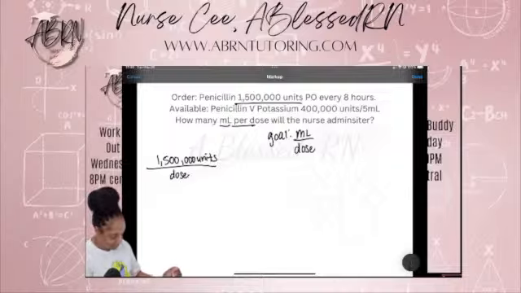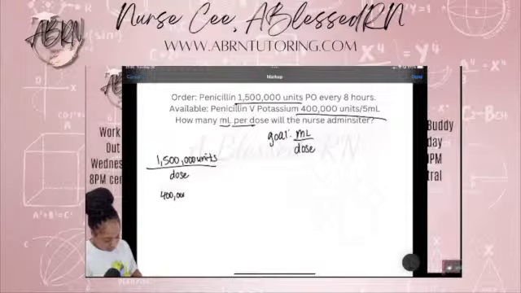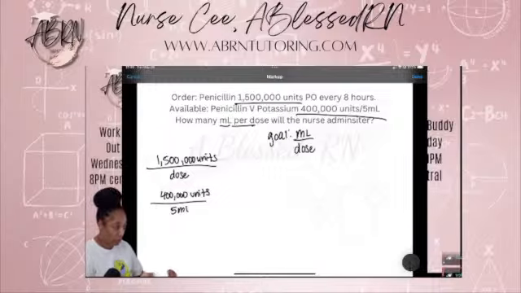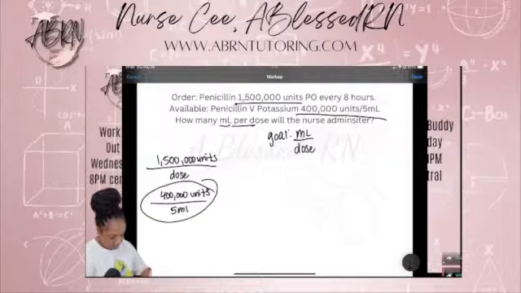Penicillin. Let's see. Our concentration is 400,000 units per 5 ml. And so we're going to start with what we're looking for. So we'll do this one. 5 ml over 400,000.